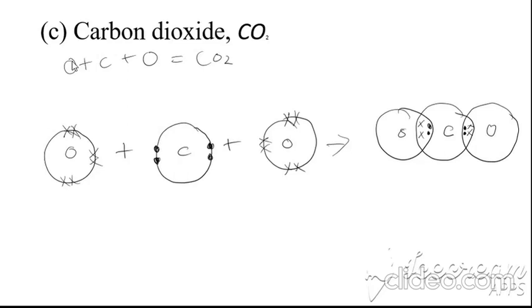So 2, 4, 6, 8. In the second shell there should be 8 electrons, and then here there are 4. Then this one, just like that, 4 electrons. So it's stable now. So 2, 4, 6, 8 for this oxygen atom, and 2, 4, 6, 8 for this oxygen atom. So it's stable. And then for carbon, 2, 4, 6, 8, like that. Then you are done. As simple as that. And I'm sure you're clear. So you can do it for ammonia.